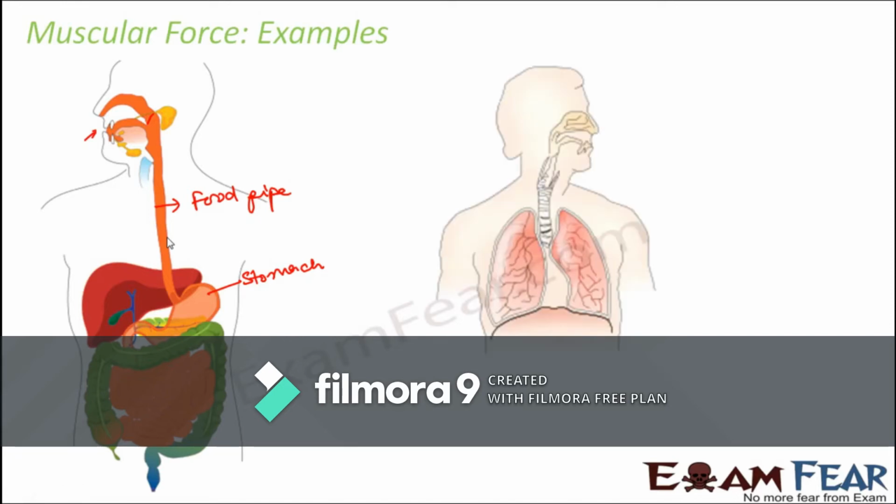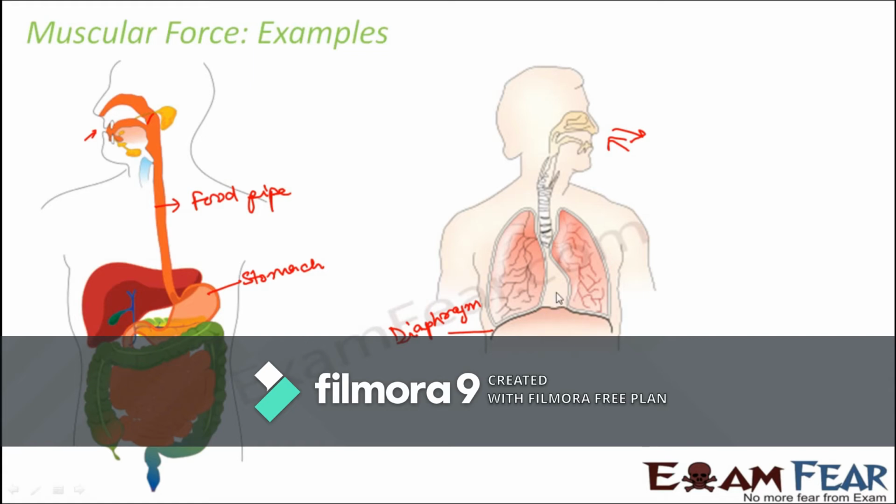If we talk about the respiratory system, even there you see there is a diaphragm. This is called the diaphragm, which is muscular in nature. When you breathe in and when you breathe out, the extra space for the inhaled air is created by the movement of this muscular diaphragm.